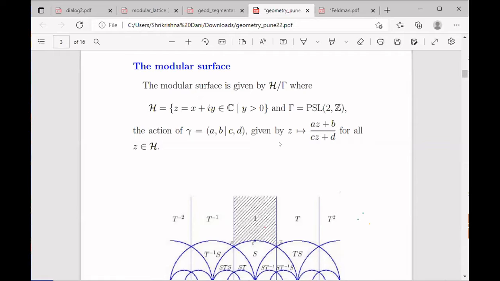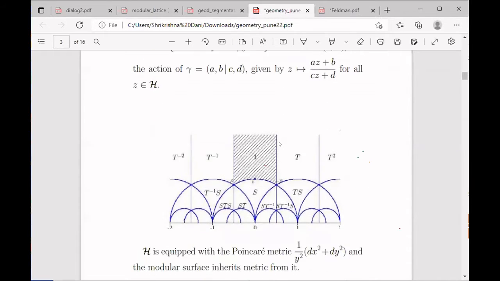So there's an action, and there's a quotient, and the modular surface is the quotient. There's a very pictorial way of thinking about it, which has been very classical. Here it is. This is your upper half plane.